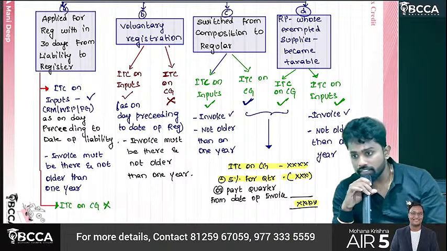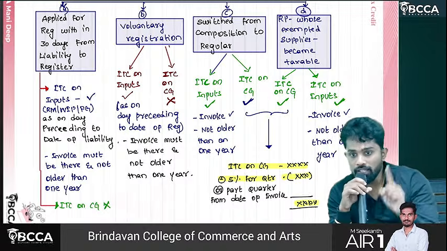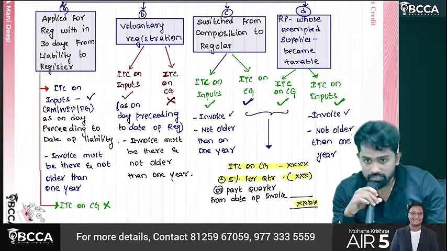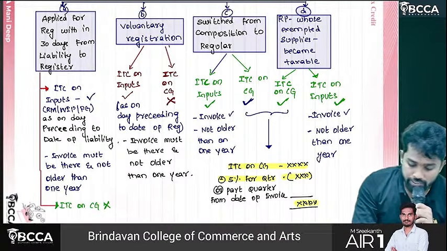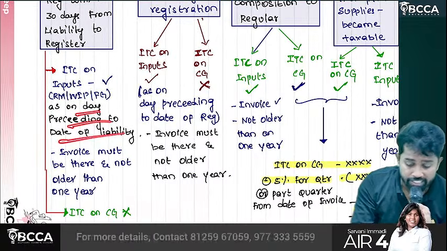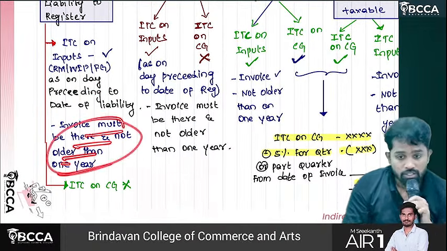Those related, he can avail ITC. But there are two conditions. First one, invoice must be there for those raw material, work in progress, or finished goods. Second one, that invoice shouldn't be older than 1 year. See, ITC on inputs, raw material, work in progress, finished goods as on the day preceding to date of liability. Invoice must be there and it shouldn't be older than 1 year.